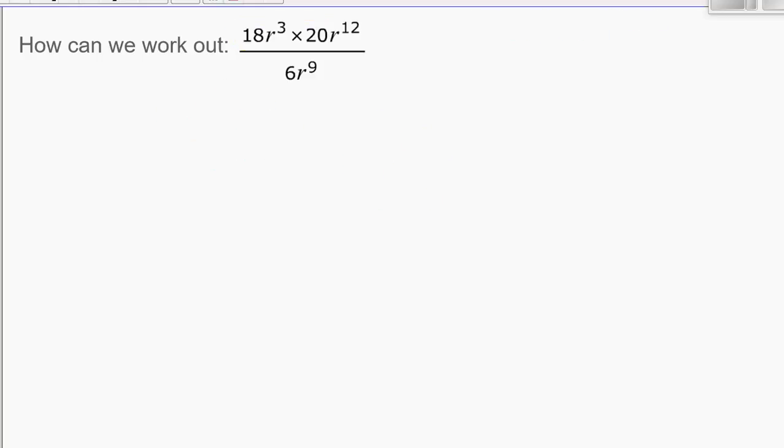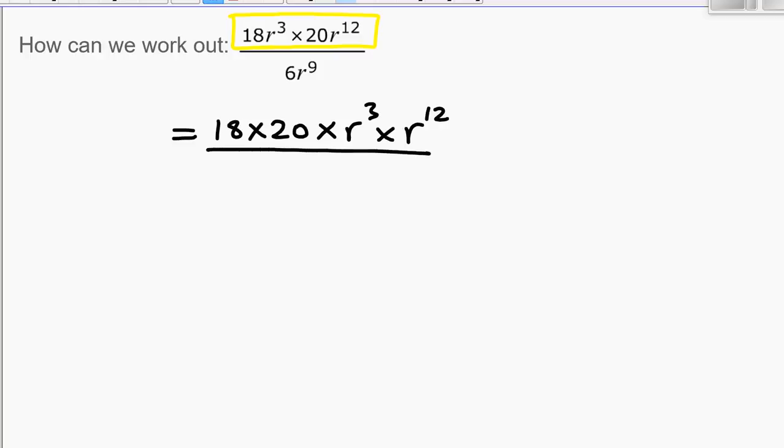Next question. We'll start by setting it out. But before we do that, you can also start by focusing on the numerator. Let's simplify the numerator first. So what we'll end up with here is 18 multiplied by 20 multiplied by r cubed multiplied by r to the power 12 over 6r to the power 9.